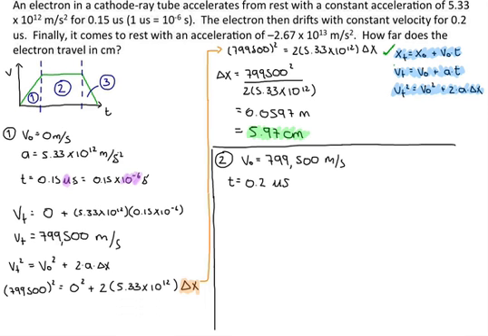So we can say something like final position is equal to initial position plus initial velocity times time.